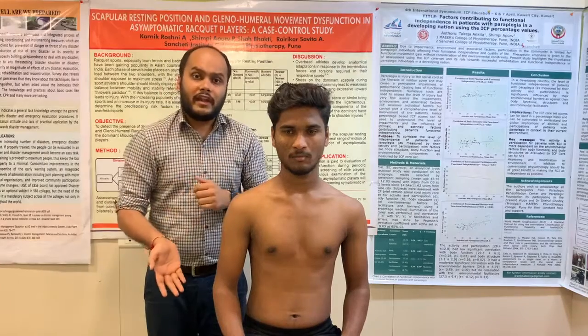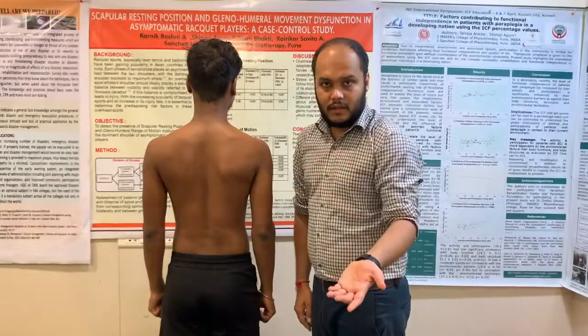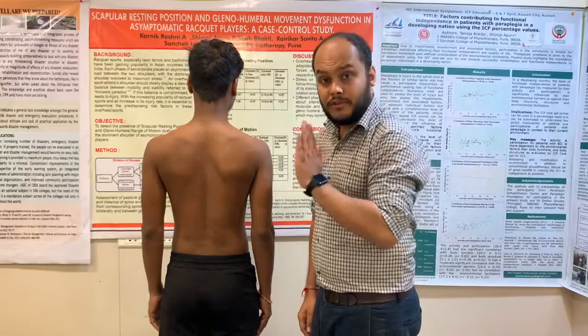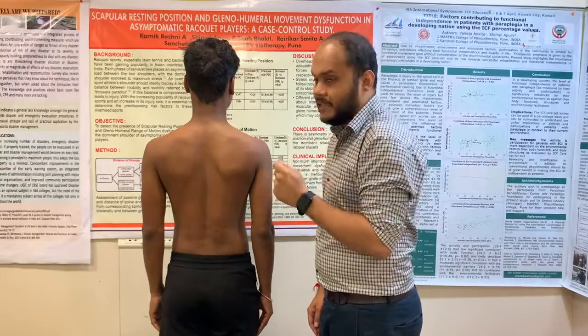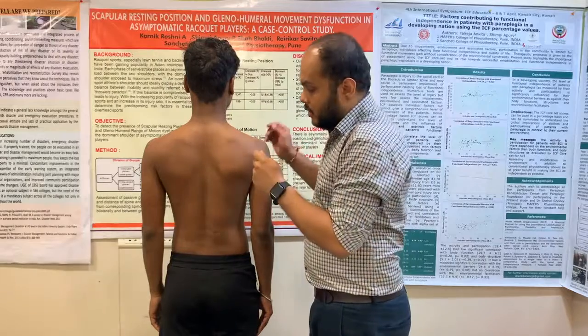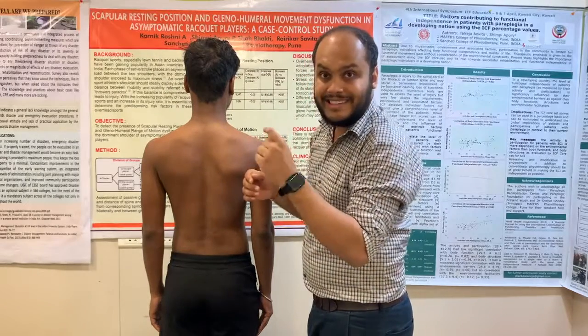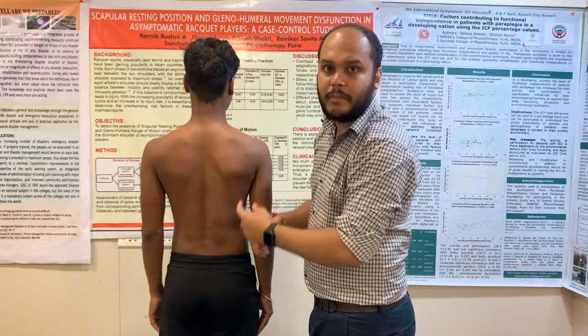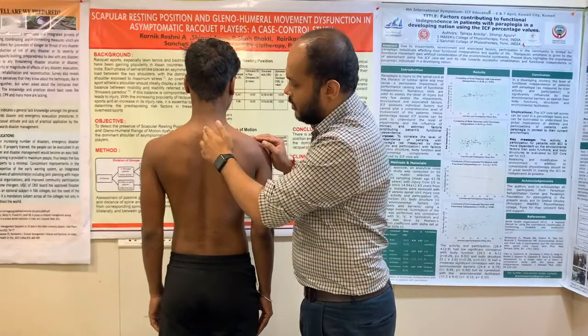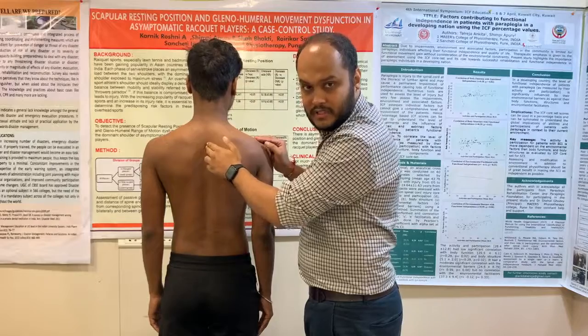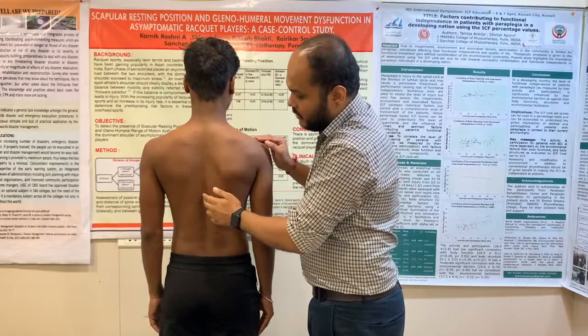Now moving ahead to the posterior view. The next thing we need to observe in the posterior view is something called the Lennie test. The Lennie test is nothing but the distance between the scapula and the thoracic spine. You palpate the thoracic spinous processes down, corresponding to the three landmarks we have already seen: the root of the spine, the inferior angle, and the superior angle.